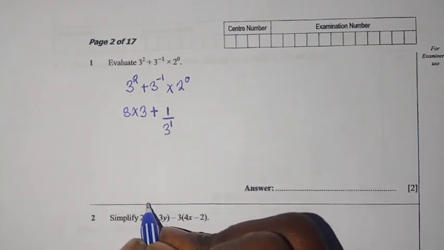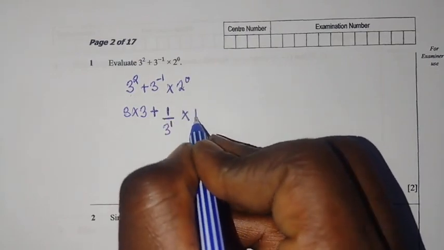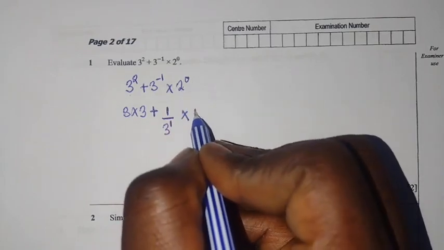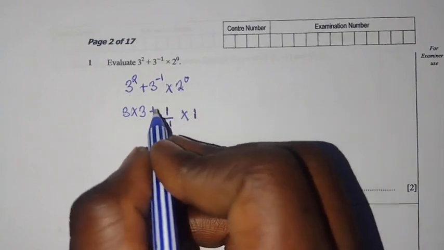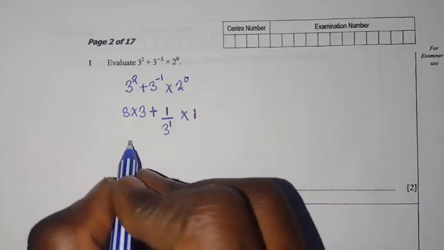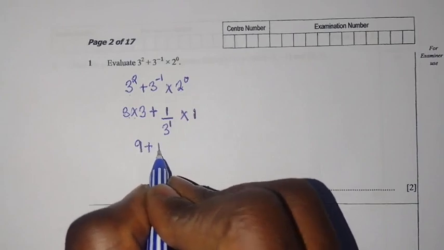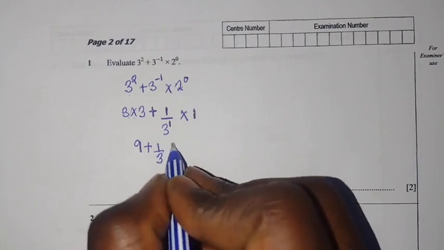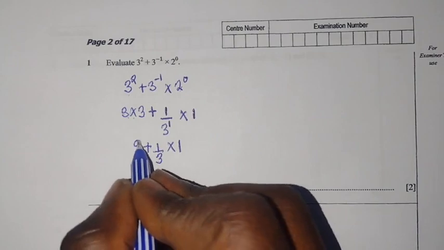Okay, we can write that. So times 2 to the power 0, it's 1. Any number raised to the power of 0 is 1. Of course, it's a different issue if you have 0 to the power 0. So now 3 times 3 gives you 9 plus 1 over 3, because 3 to the power 1 gives the same number.